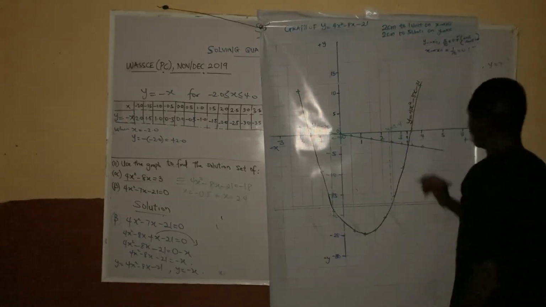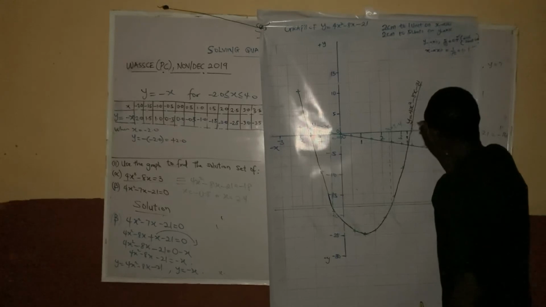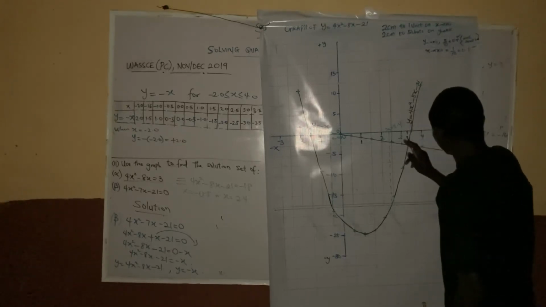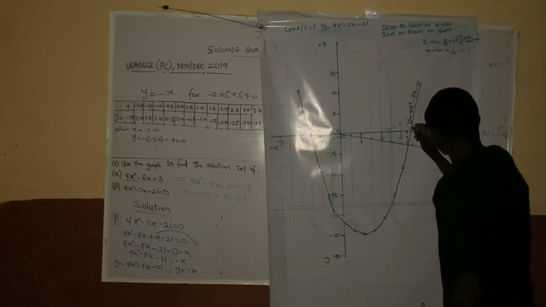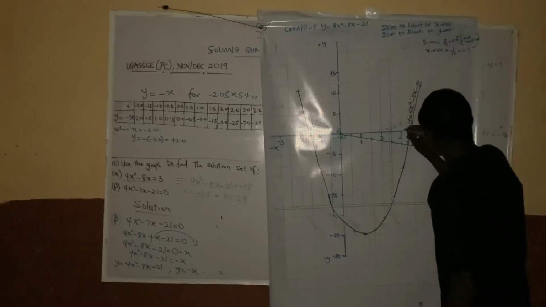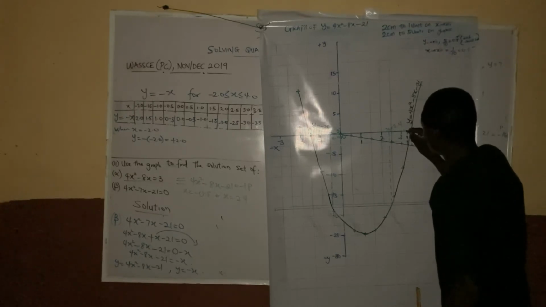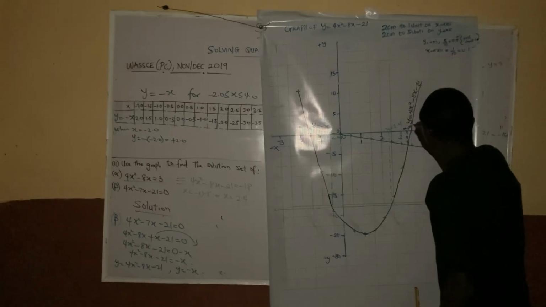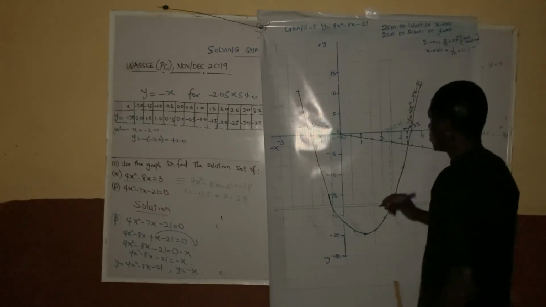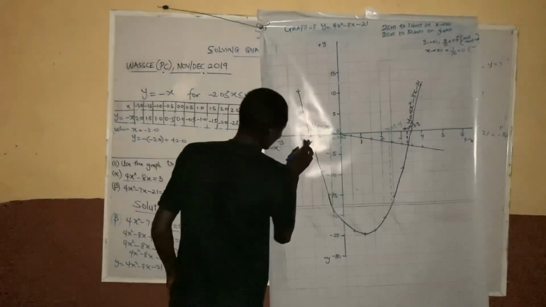So now the point of intersection here is, look at this, 3.1, 3.2, 3.3. So you have 3.3 here. X, you can call this one x1, x2. So x2 is equal to 3.3.